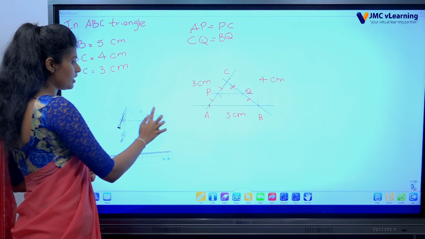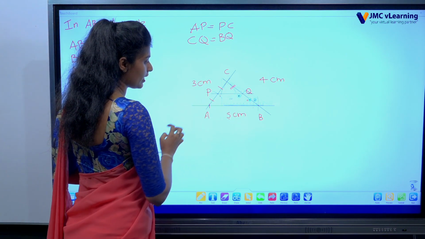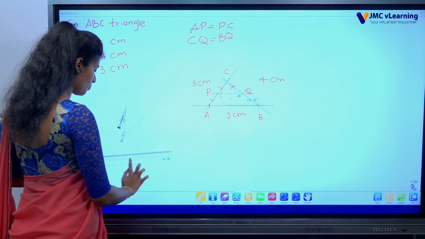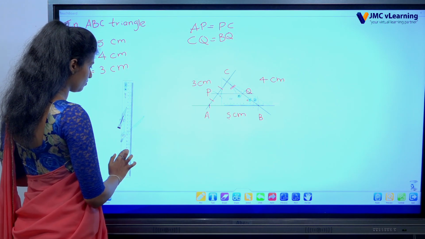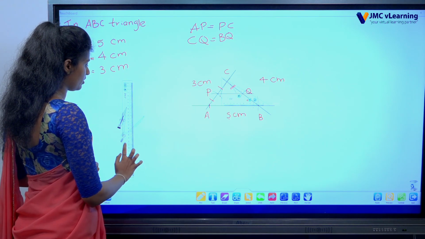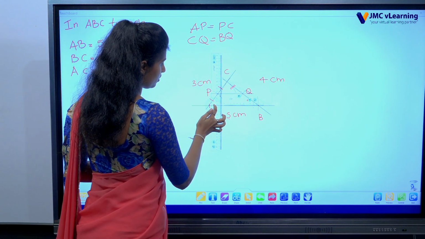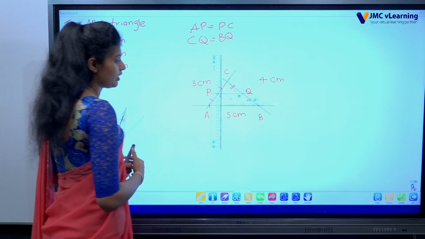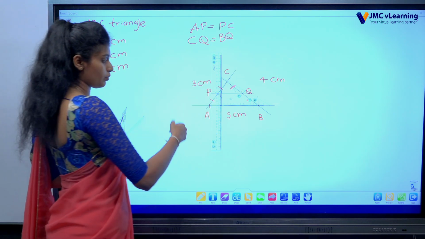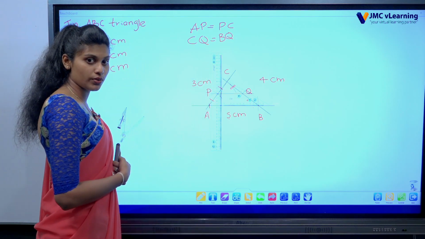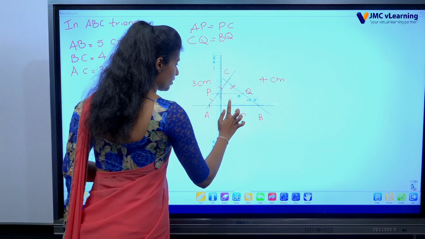First you have to take the set square. Keep the set square on that AB line and take the ruler and keep it on that set square. This is 90-degree side. Keep the 90-degree side on the ruler and move the set square and check whether that PQ line is on that set square.